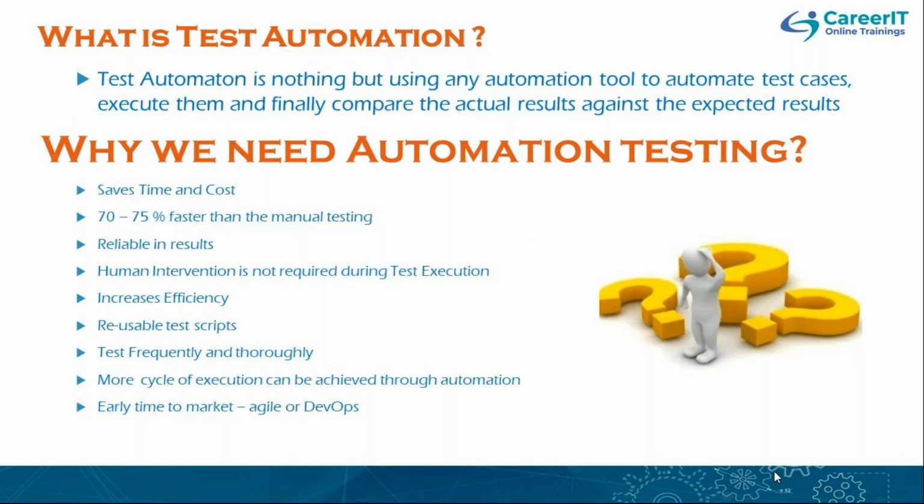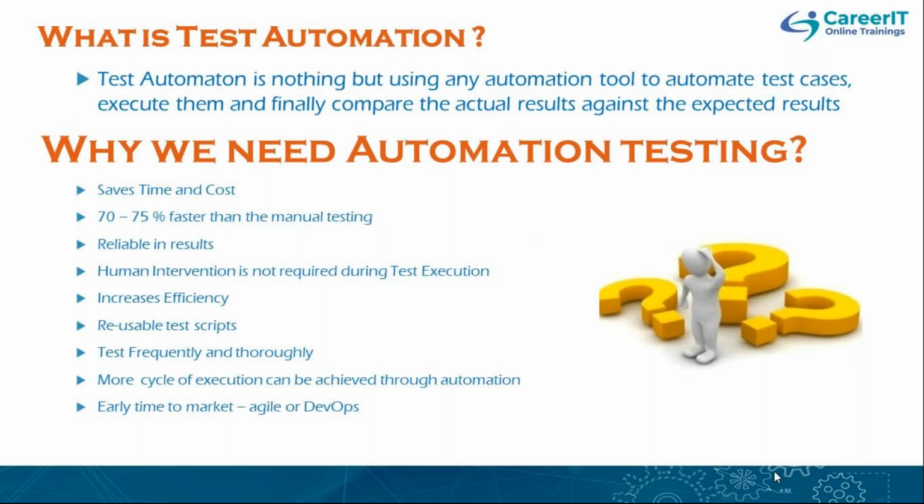As part of these trending Agile and DevOps methodologies, every stakeholder or product owner wants to release their products to the market early. Automation testing really helps them in doing this. So these are the benefits you get if you have automation testing in place.